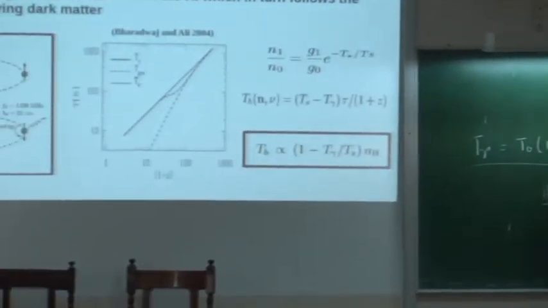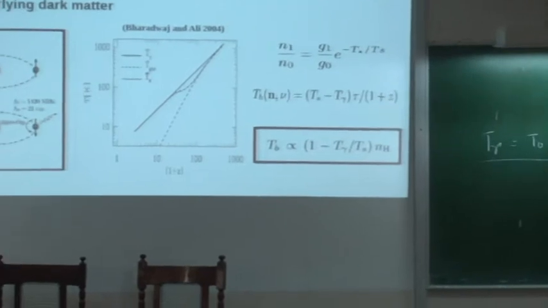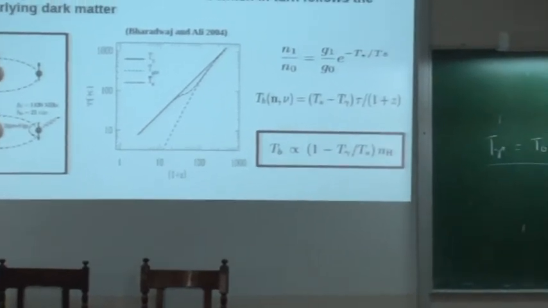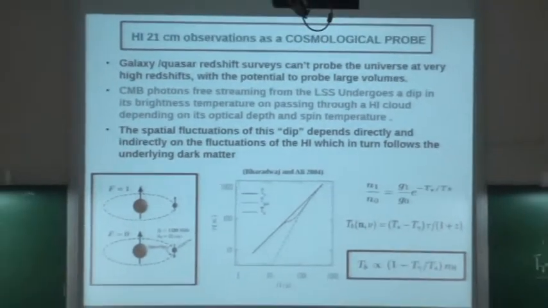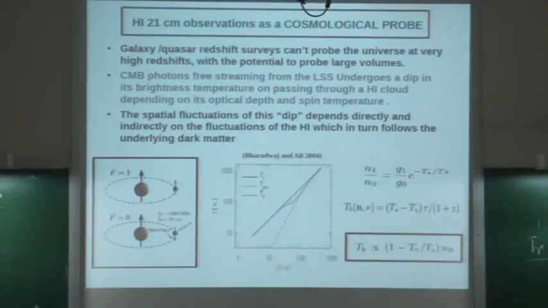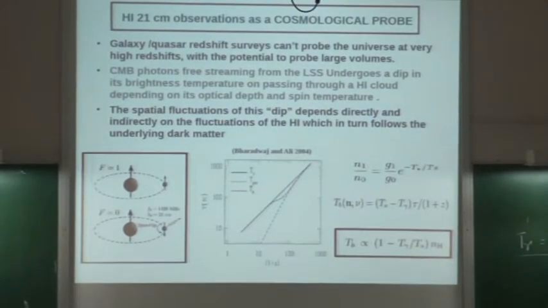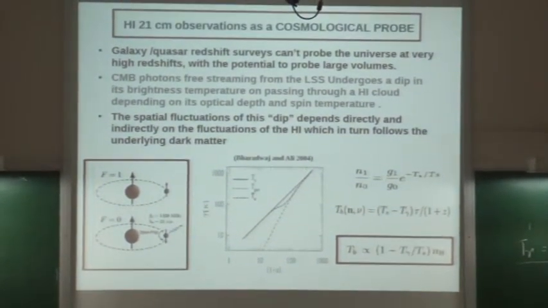However, this neutral hydrogen medium acts like clouds of neutral gas, and what it does is that it modifies the CMBR photon, or does things to the CMBR photon as it passes through it.